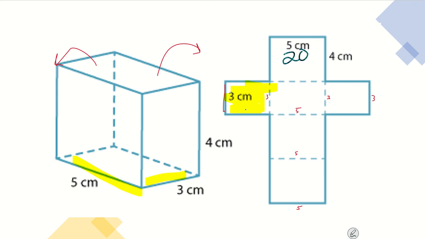This would be, hang on, this is a little difficult to visualize. 3 times 4, this would be the 4. This one's going to be 12, and this one's going to be 12 right here as well, because that would be 4. Here we've got 3 times 5, which is 15. We need to have 2 sides of 15 and 2 sides of the 20.